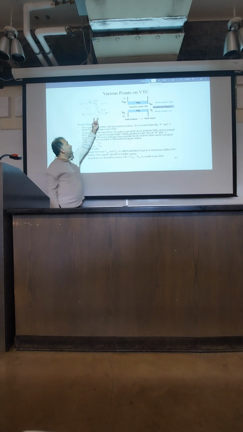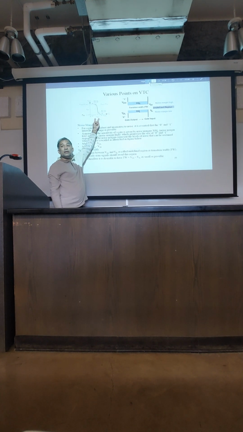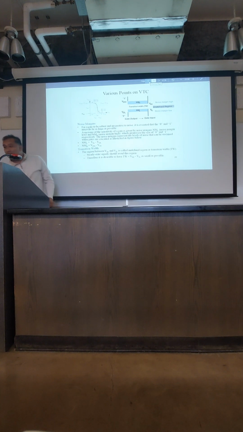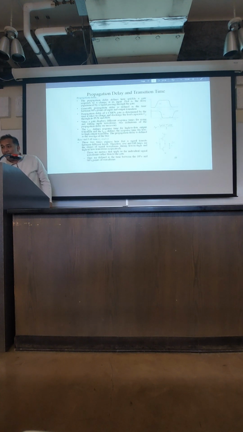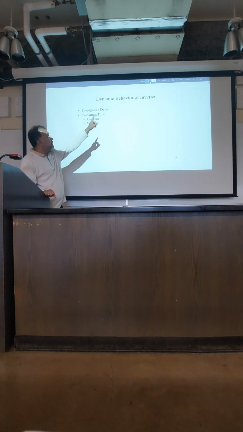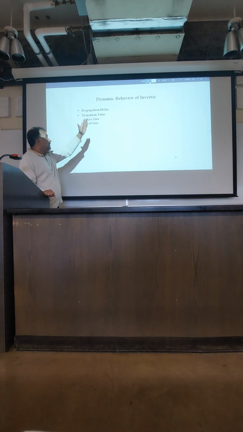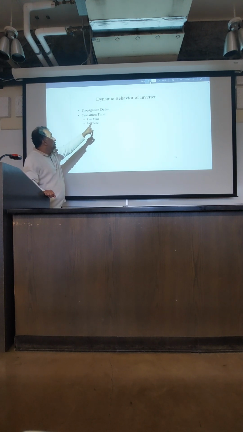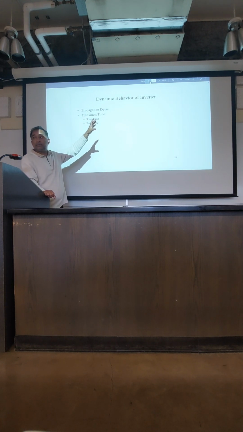That behavior is called dynamic behavior or transitional behavior of any logic circuit. That behavior during the transition region will determine propagation delay and transition time of any logic circuit.